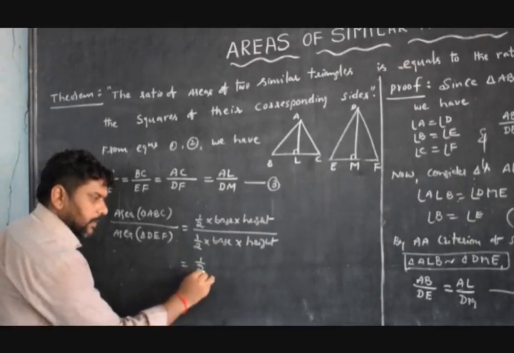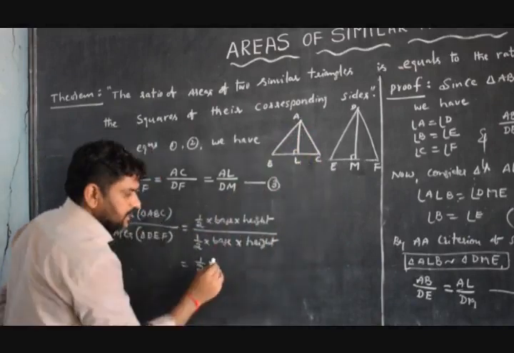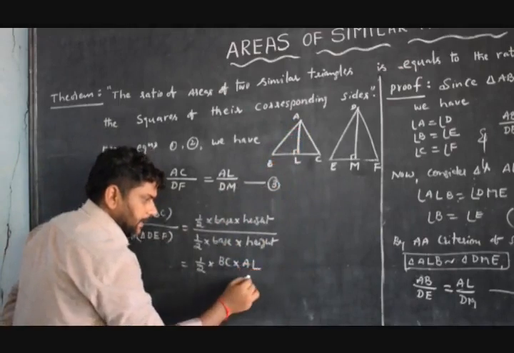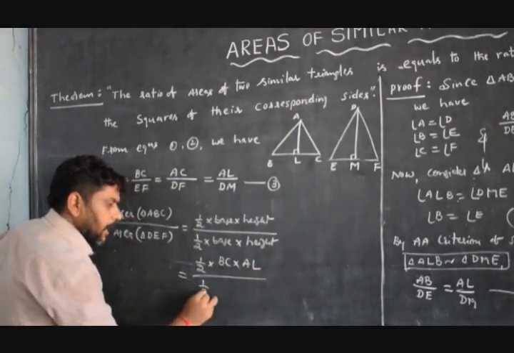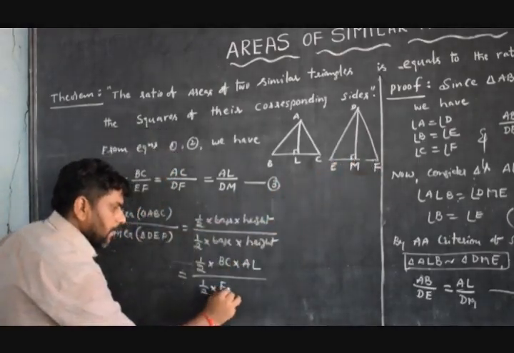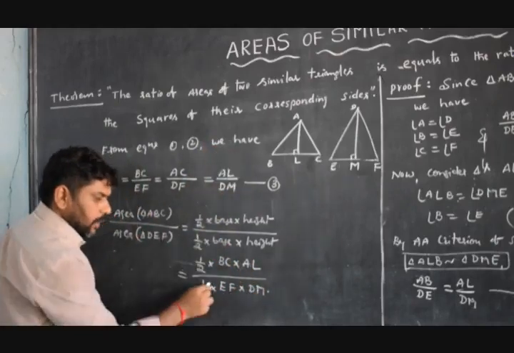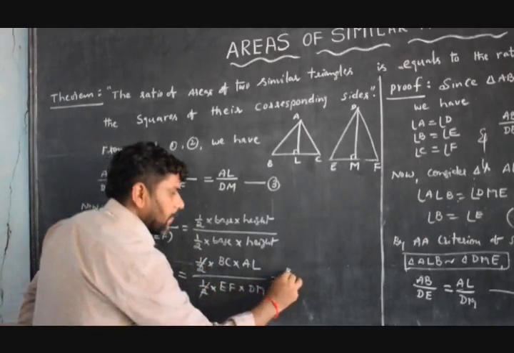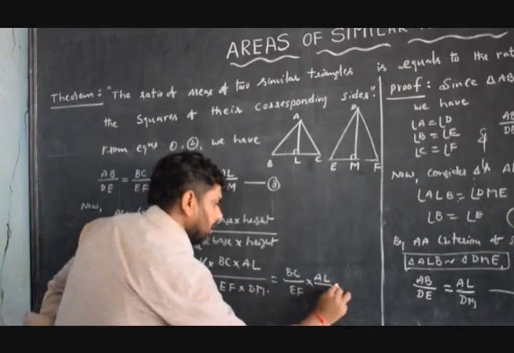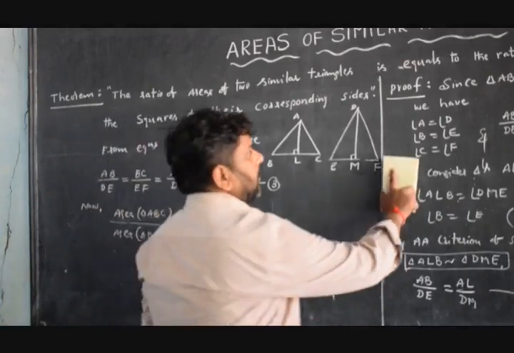In triangle ABC the base is BC and the height is AL, divided by half into, in triangle DEF the base is EF and the height is DM. So the halves cancel. Finally we have BC by EF into AL by DM.